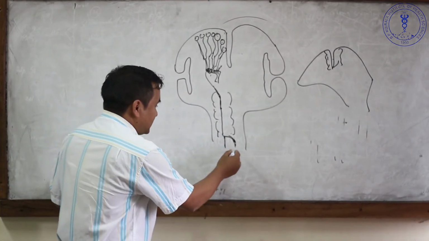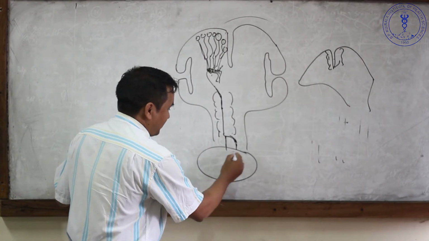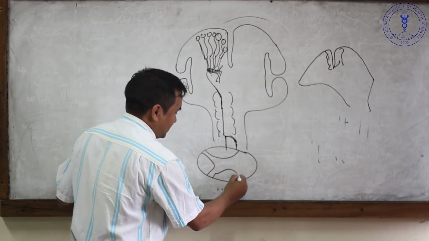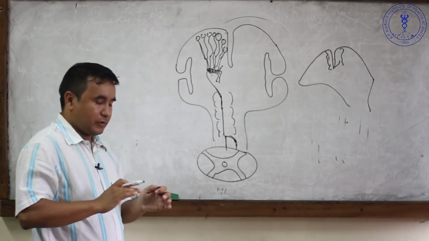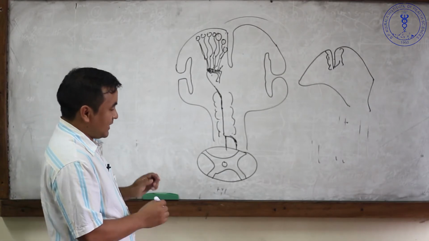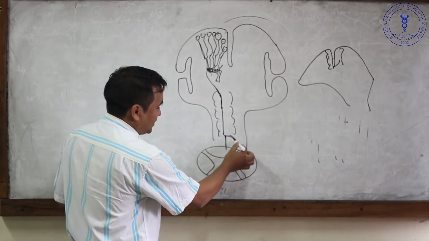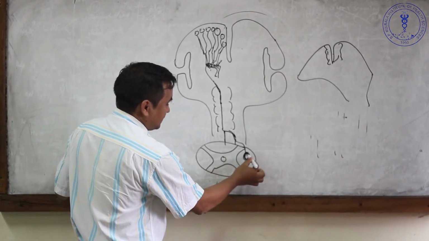At the level of the spinal cord, what happens? You can see this structure. Probably you people know what this structure is. This is the central canal. Now, at the level of the spinal cord, the corticospinal tract passes through the outer layer.